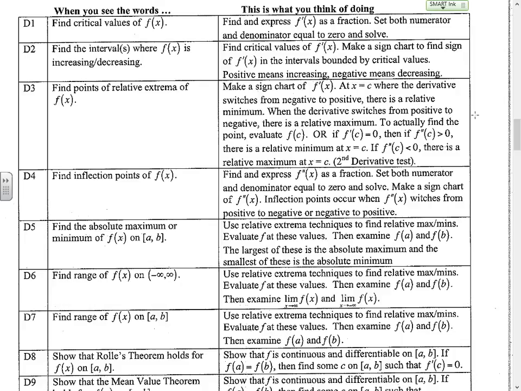Oh, D3. Relative extrema. You better have two ways of solving because the AP sometimes forces your hand. For relative extrema, you have to find critical numbers, f prime equals zero or undefined. And then either use a sign chart with the first derivative test for relative extrema, or plug into the second derivative, checking the concavity to see whether it's a maximum for concave down or a minimum for concave up.